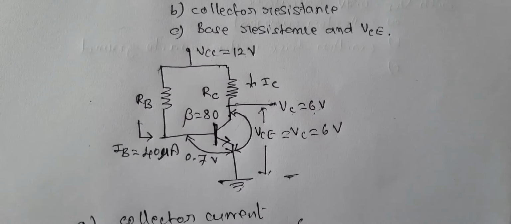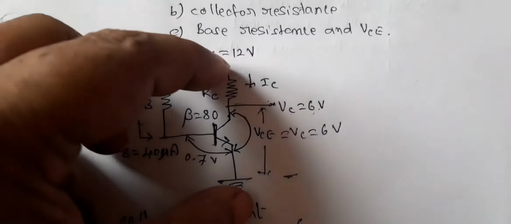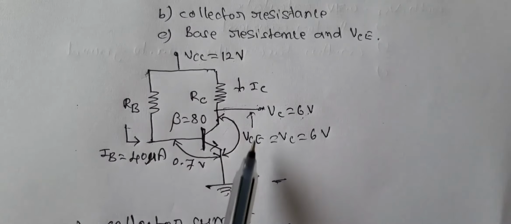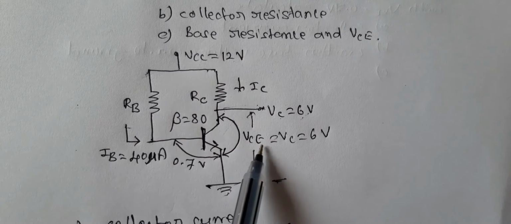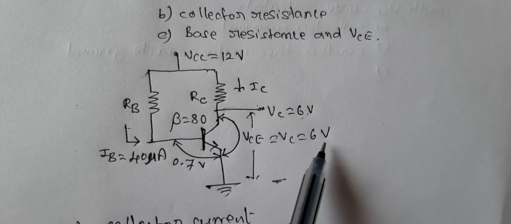See this circuit. The voltage applied is VCC, which is 12 volts. VC equals 6 volts, given.